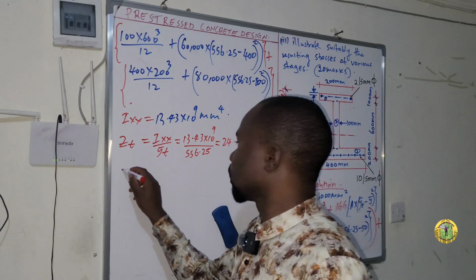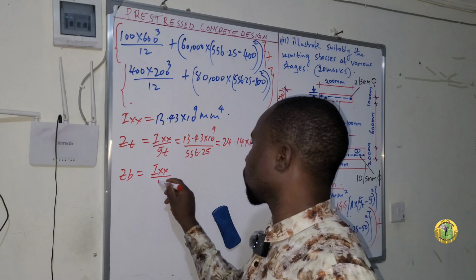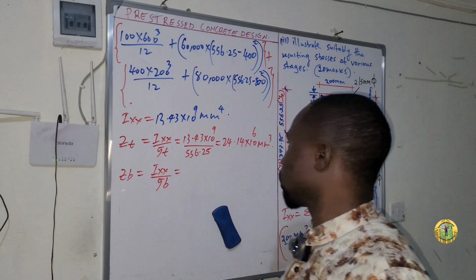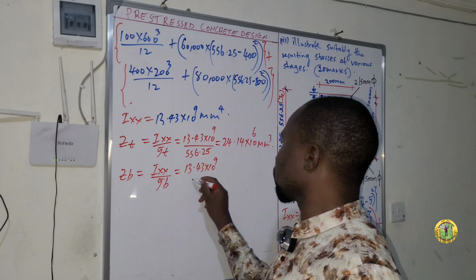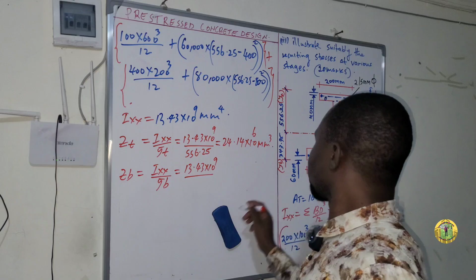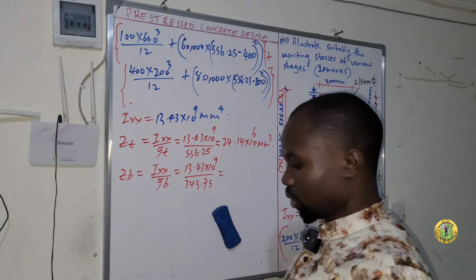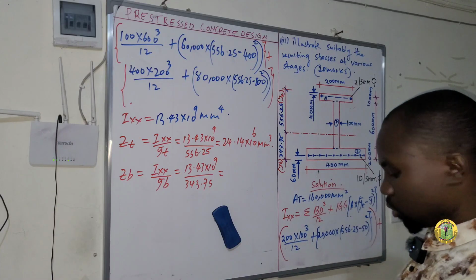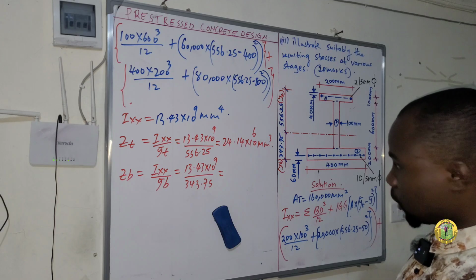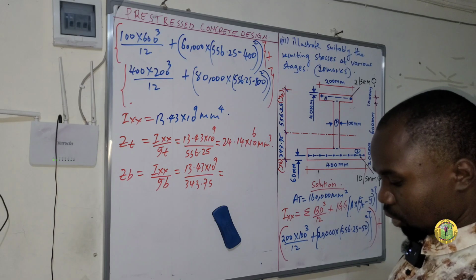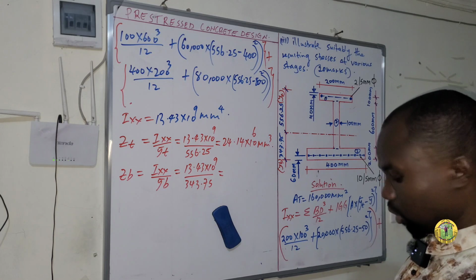Then you have the Z bottom. This one will be Ixx over y bar bottom. So this one will be 13.43 times 10 to the power of 9 divided by 343.75.